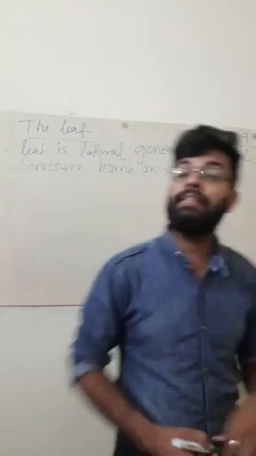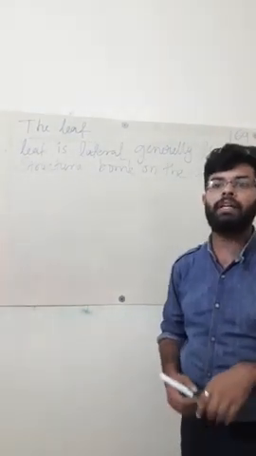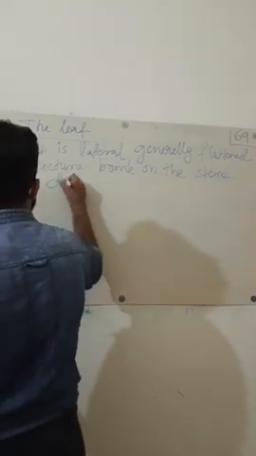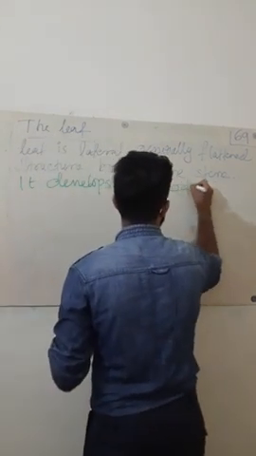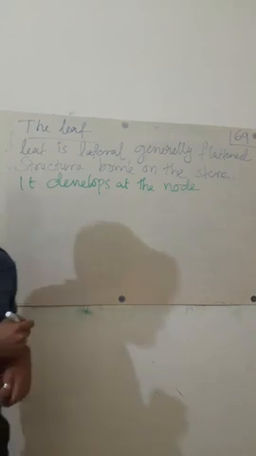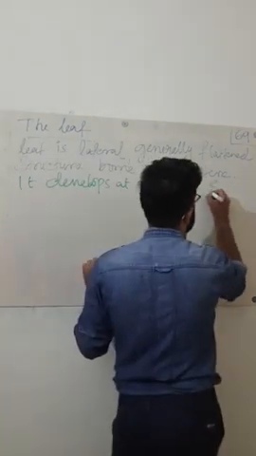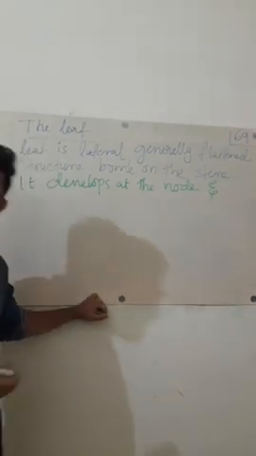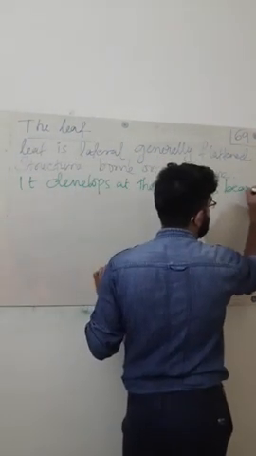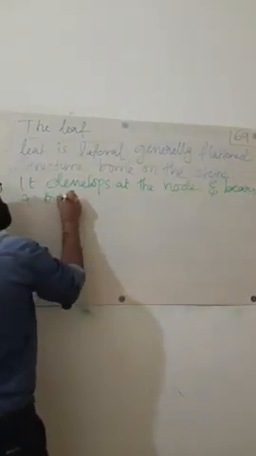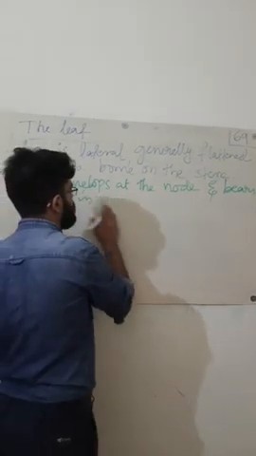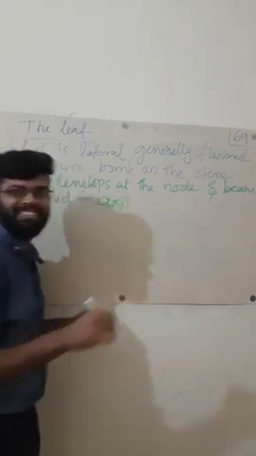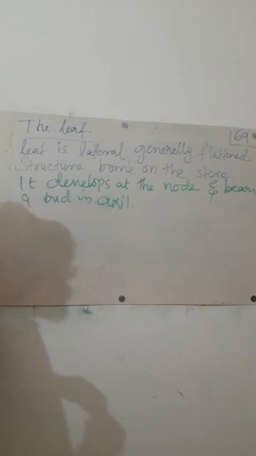It develops at the node and bears a bud in its axil.